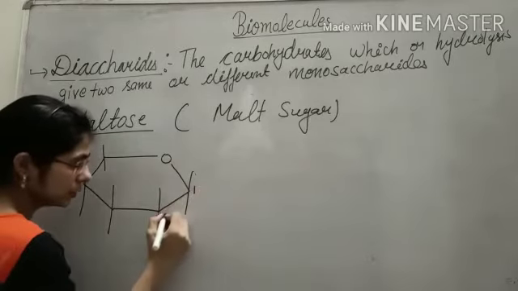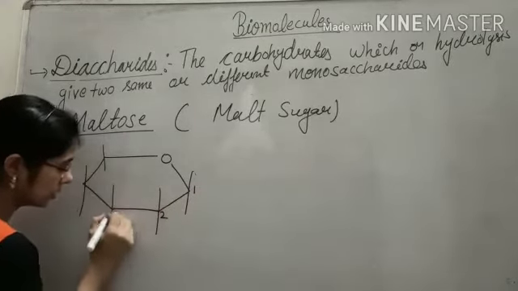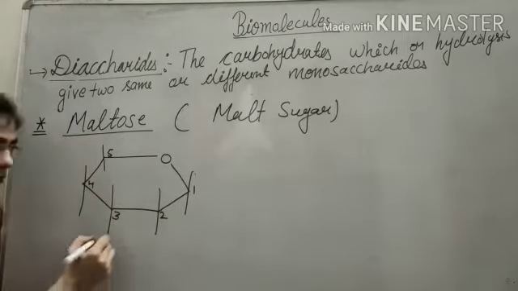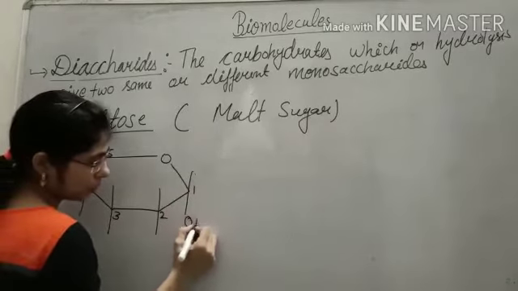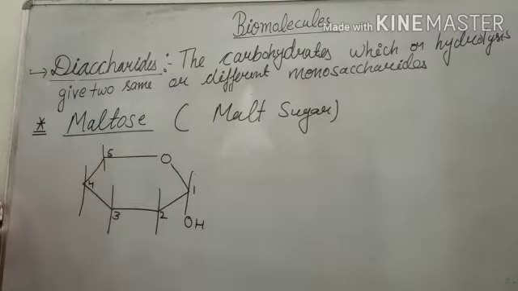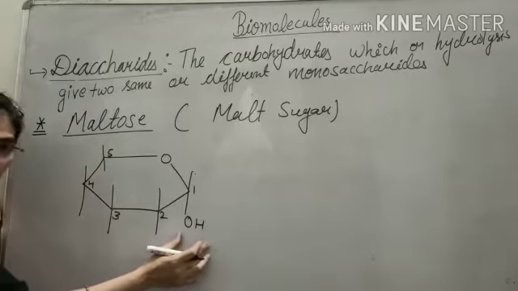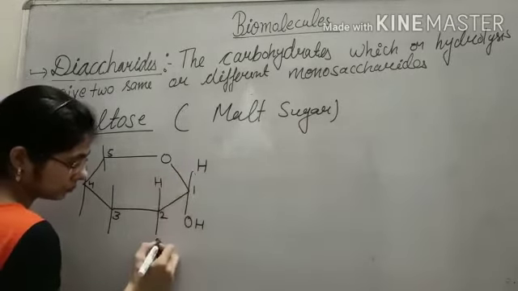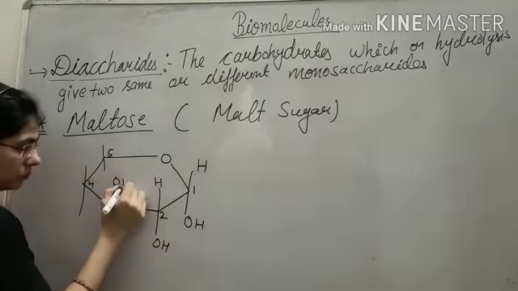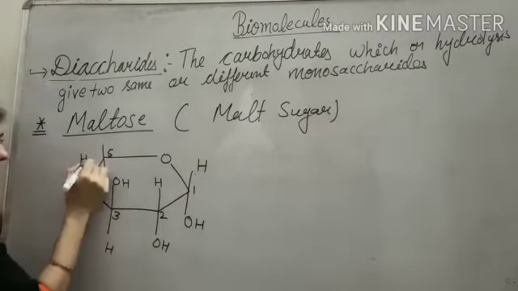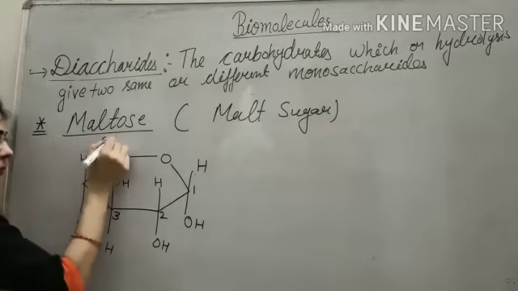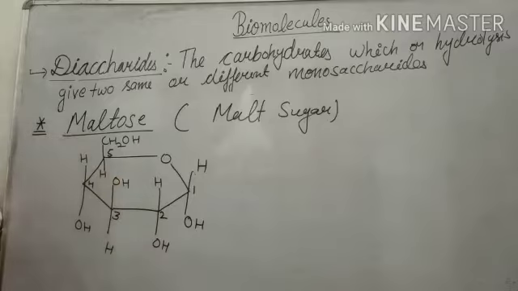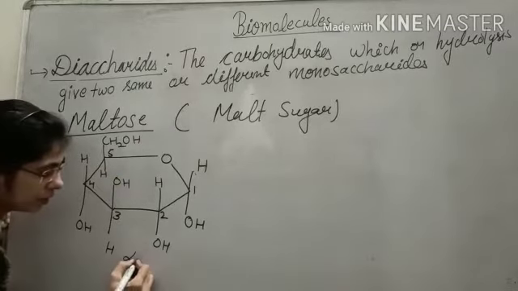This one is C1, this one C2, C3, C4 and C5. And in case of alpha D glucose, OH is present on the downward side as it is present on the right hand side. Okay, this is the structure of alpha D glucose.